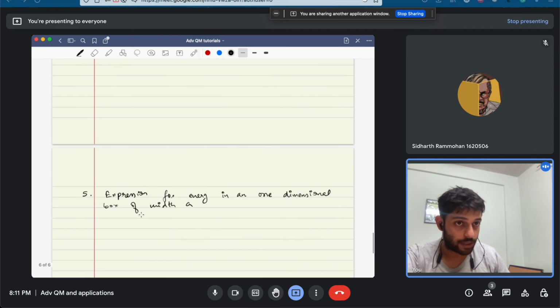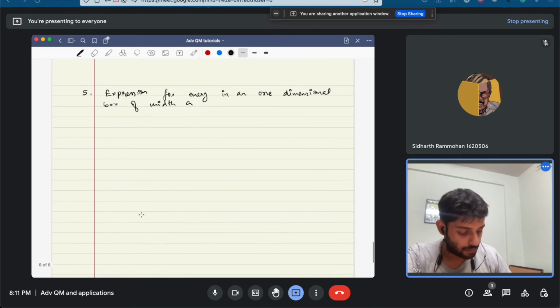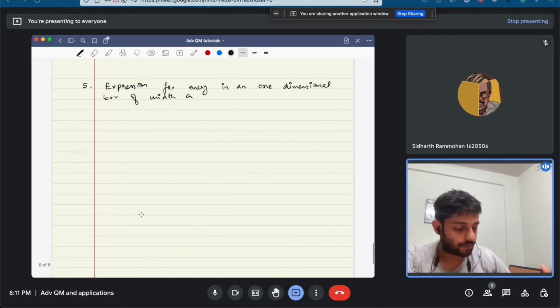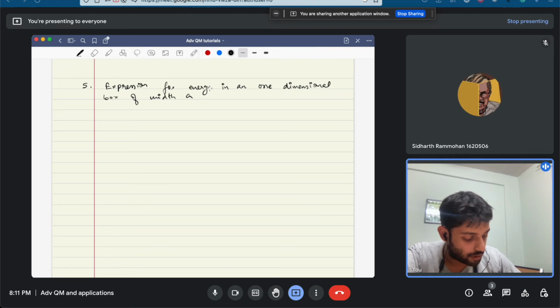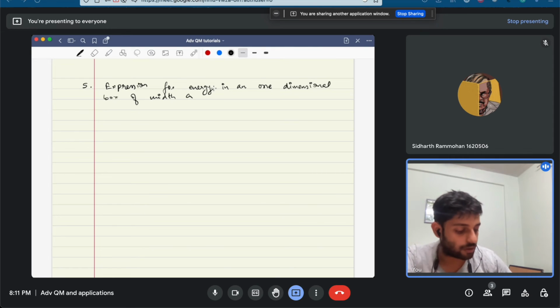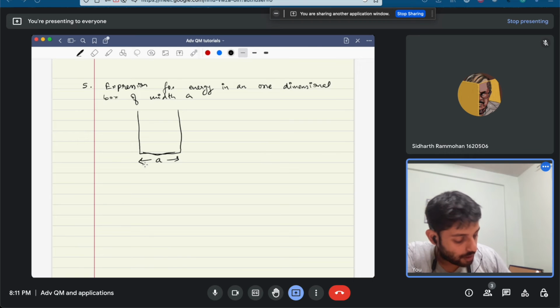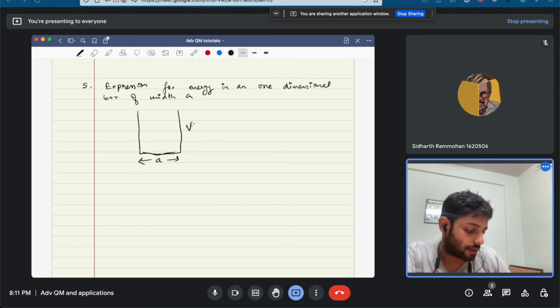Now, going to the final question, we are going to find the expression for energy in a one-dimensional box of width A. So let's say we have a box, the size is A, and let's say this is infinite potential.